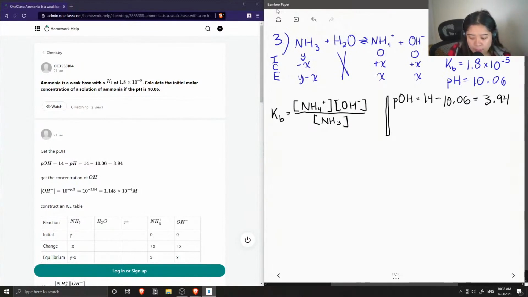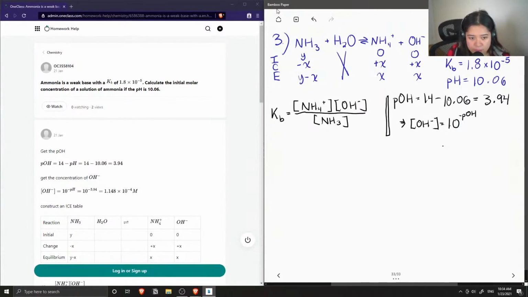And now that we have the pOH, then we can actually calculate the concentration of our OH- ion, because this is the same thing as 10 to the power of negative pOH.